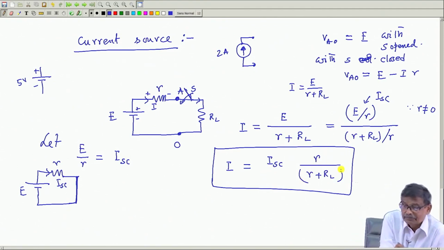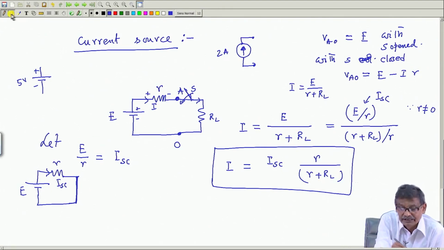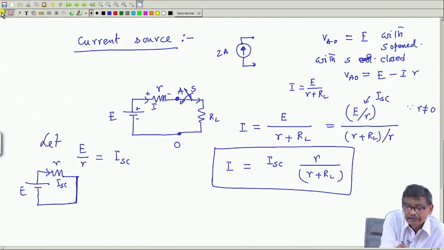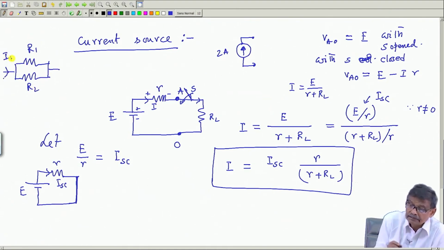Now, this point you just try to listen carefully, the next course of argument. What I am telling is this: suppose you have two resistances, we have used this idea in the first lecture. Suppose this current is known, I, then this current is I, and this current is I1, this current is I2.